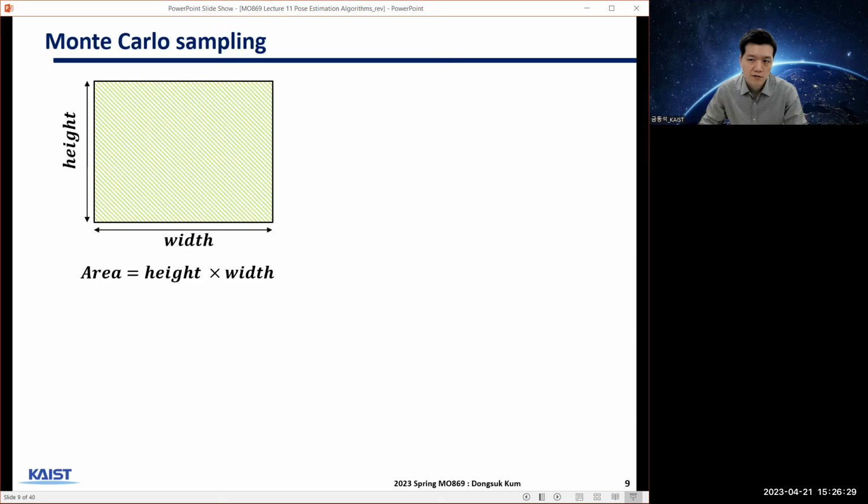So let's say we have this rectangular shaped box, and then the area is height times width.